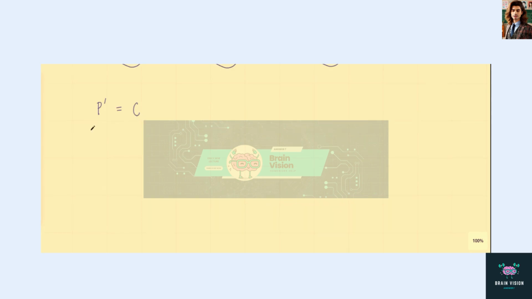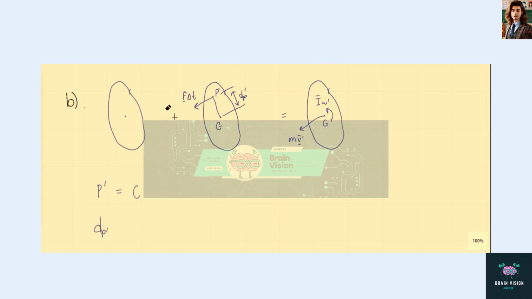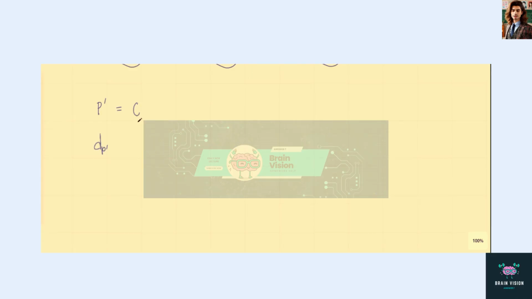We can also see that dP prime is the distance of P prime from G, and this is the same as GC, since the center of percussion lies at the instantaneous center, and this is equal to dC as we've labeled it in part A.